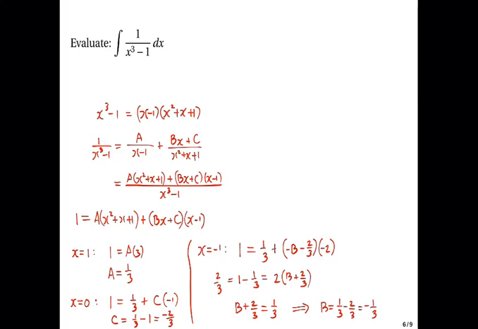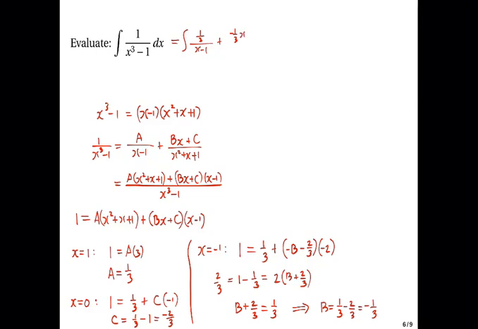We now write this integral up here as the integral of a over x minus 1, a is 1/3. So we have 1/3 all over x minus 1 plus, and then this guy here, we have negative 1/3, that's your b in here, negative 1/3 x.